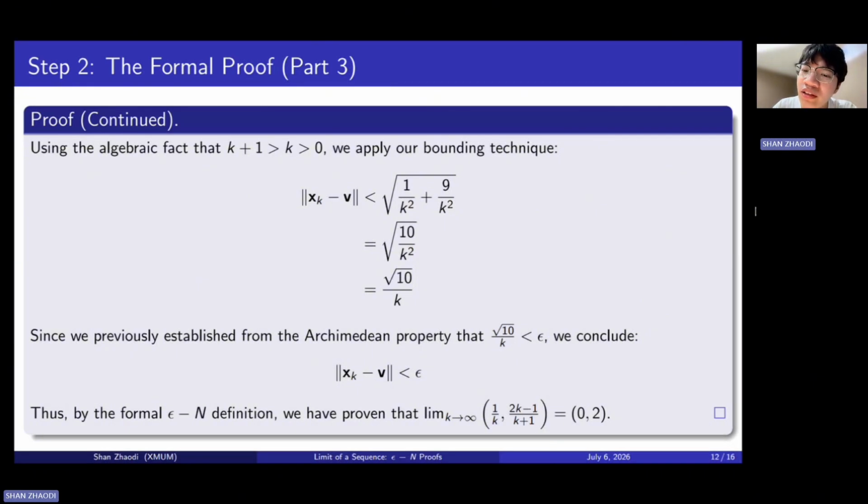Since we already established that the square root of 10 over k is smaller than epsilon, we can logically conclude that the distance is strictly less than epsilon. Thus, by the formal definition, the proof is complete.